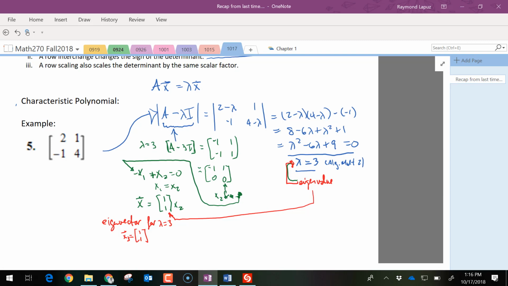Then that means that's the eigenvector that corresponds to the eigenvalue. It might be more meaningful later. So when we are declaring the eigenvector, we just drop any scalars, and it's just the vector.